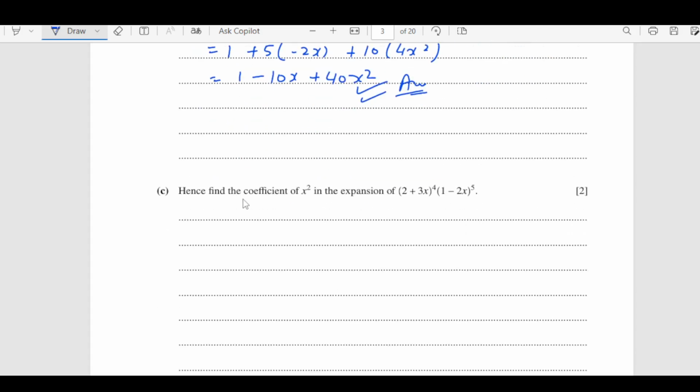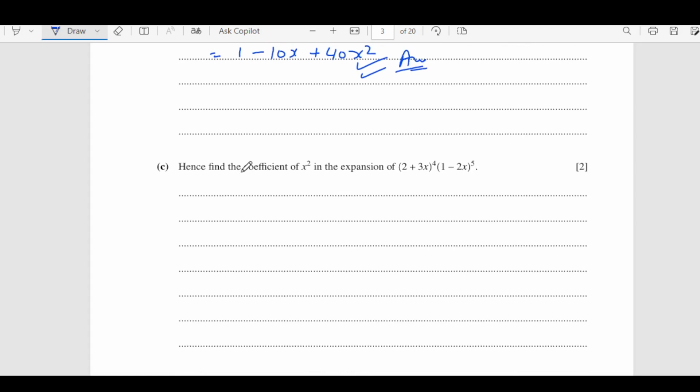Now next one, we have: hence find the coefficient of x squared in the expansion of this. If you see, this is part a and this is part b, so we have to multiply the answers of a and b. So we will take 2 plus 3x to the power 4 into 1 minus 2x to the power 5.